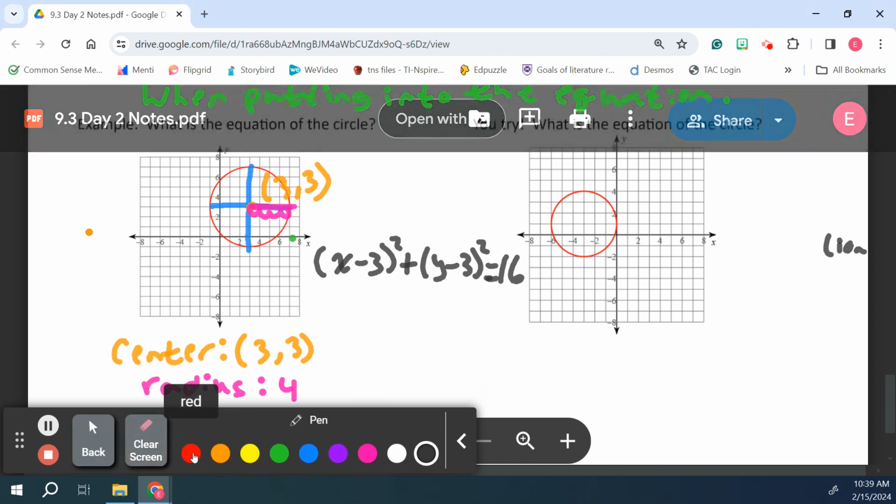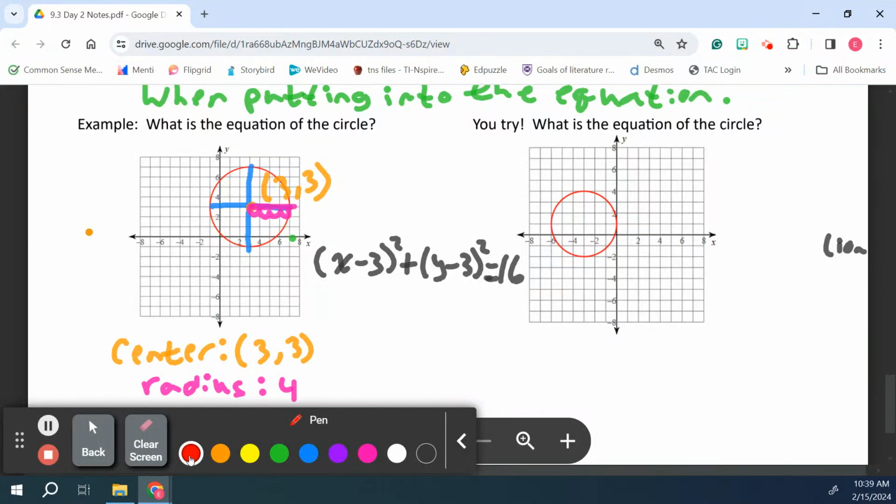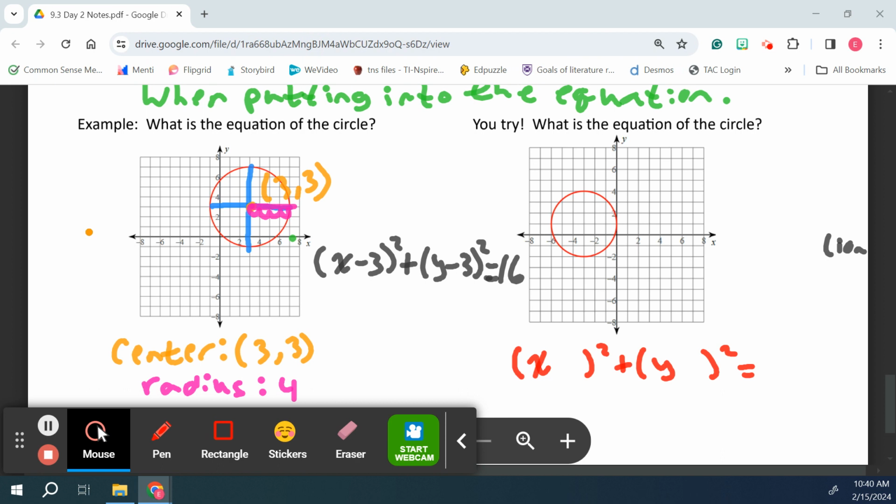Who's still working on this? Number 2. All right, anyone want to volunteer their equation? No? Bueller? Anybody? Okay.